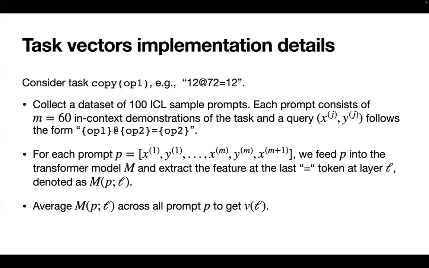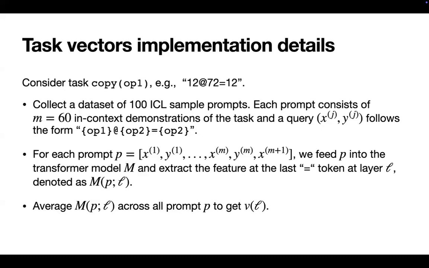For each prompt p, we form the prompt the following way, like we did before. We concatenate those in-context demonstrations together, and there are m of them, and we concatenate the query at the very last.